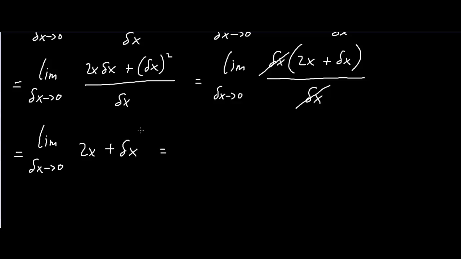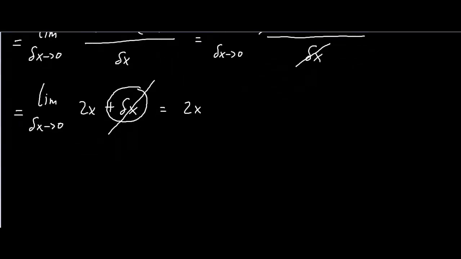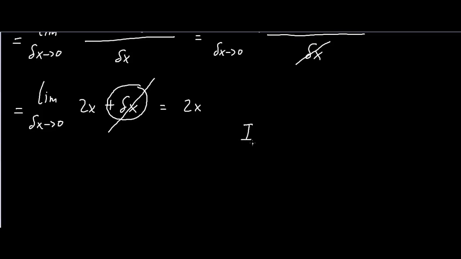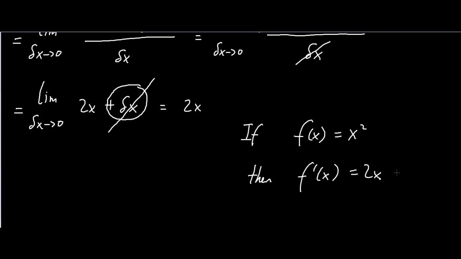Now, as you can imagine, this change in x gets very, very close to 0, so we can get rid of it. And if we do that, we're left with 2x. So, if f(x) equals x squared, then the derivative of f(x) equals 2x, which equals dy/dx, in other words.